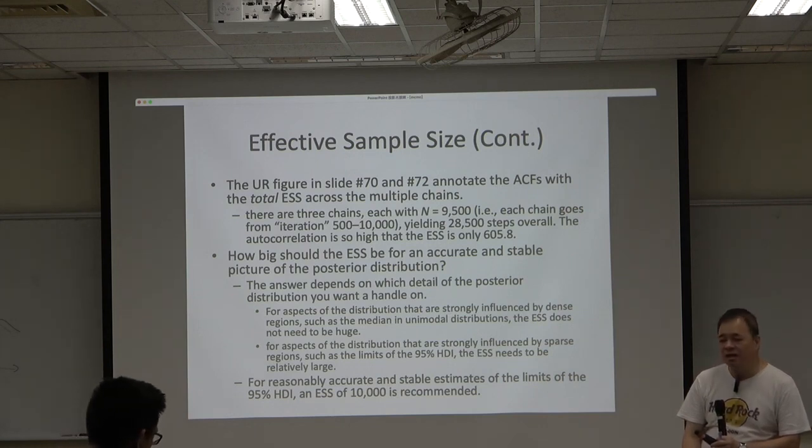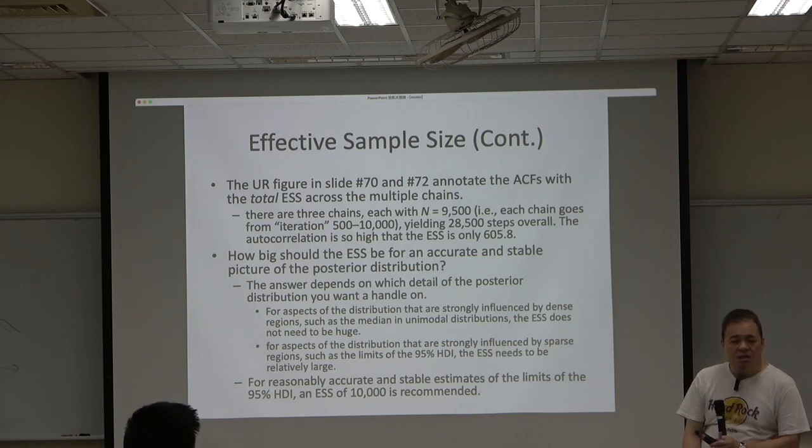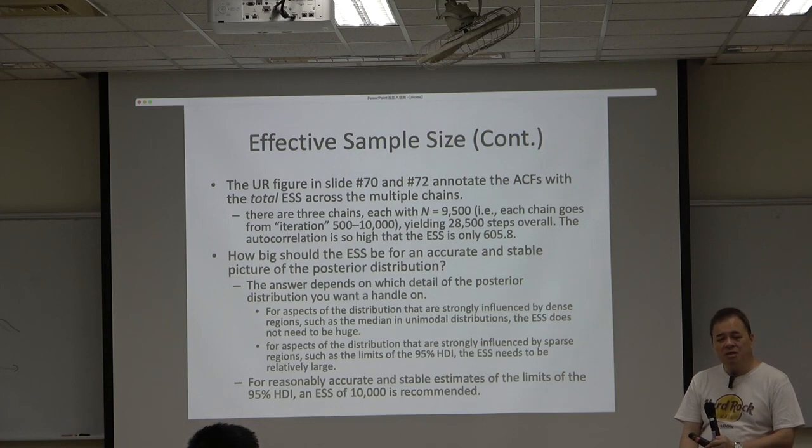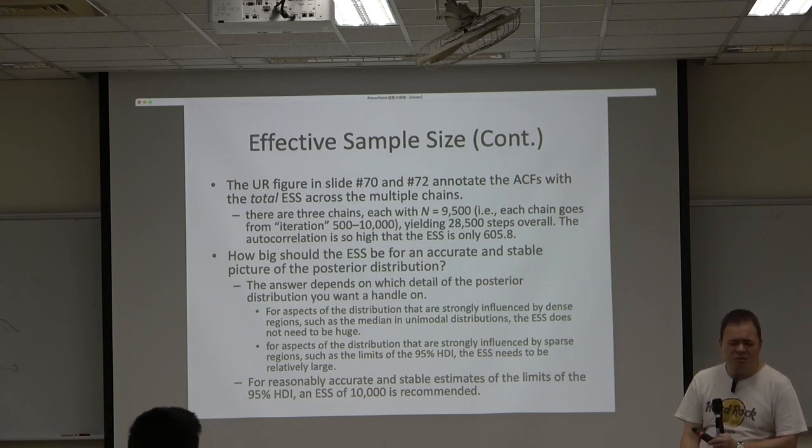And with current computer hardware, setting the sample size to 5,000 or even 10,000 is not going to be an issue. You just wait another couple of seconds. It shouldn't take more than a minute, and you can get a pretty good estimate of the posterior distribution. So this is obviously one way to do it.